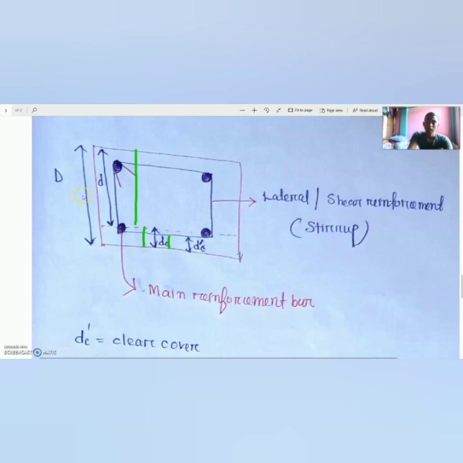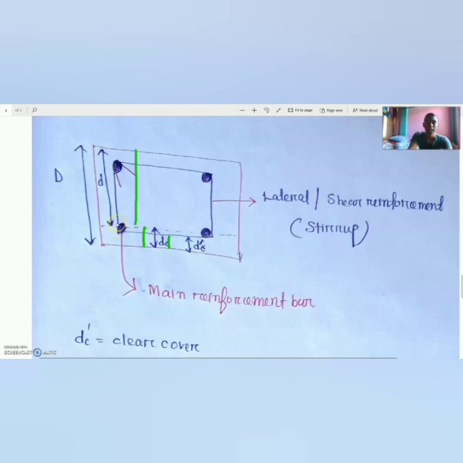Now I'm going to tell you some important terms of depth, which are very important to solve any type of numerical of RCC. I'll start from capital D. From top to bottom, the whole depth, capital D, is known as the overall depth.